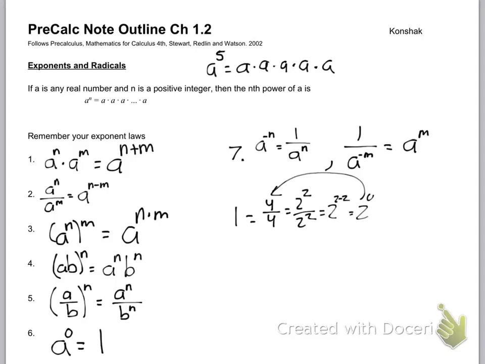So it's all about trying to find the right combination of things to make things simplified or help us out. And again, you only move the one that has a negative exponent. If the negative exponent is on a set of parentheses, that whole parentheses gets to move down or up, but not if it's just on a single number or variable.